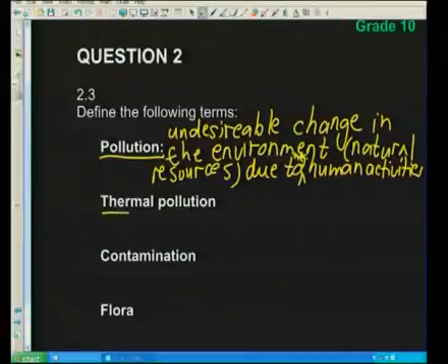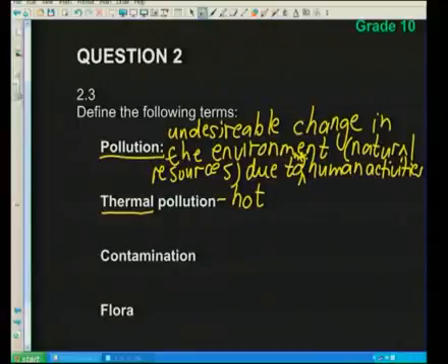Now, what is thermal pollution? Thermal, it's nice to wear a thermal vest, and the thermal vest keeps warm. So think of heat if you think about thermal. Remember it's pollution, so it's caused by humans. So it's when hot waste water, and where does hot waste water come from?